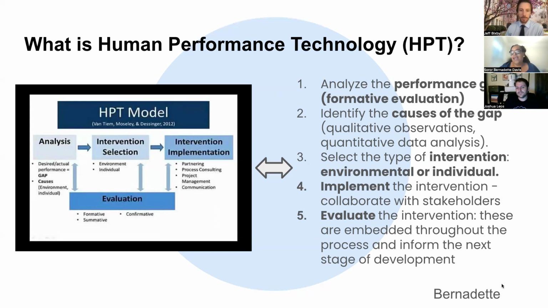Hi, good evening. The question that I'm answering is, what is human performance technology? HPT, if you will, that model is used in businesses and in industries specifically to solve performance-based issues.